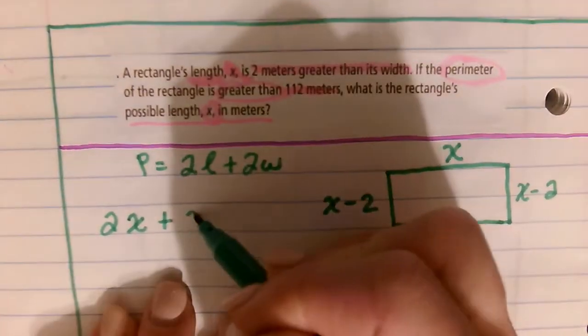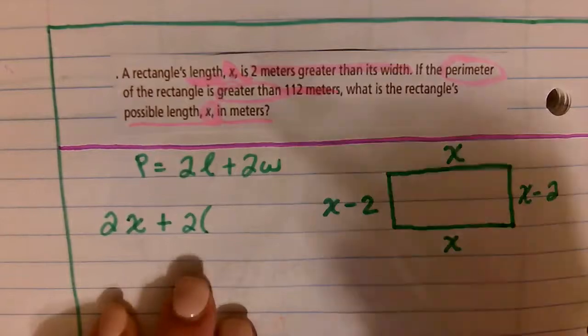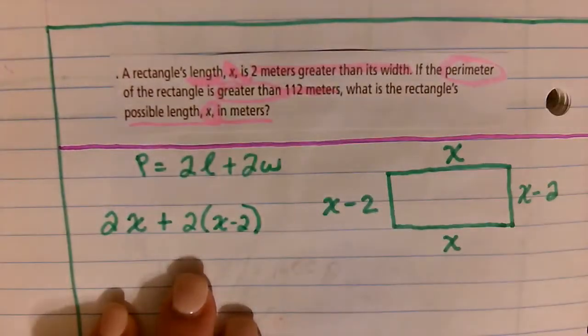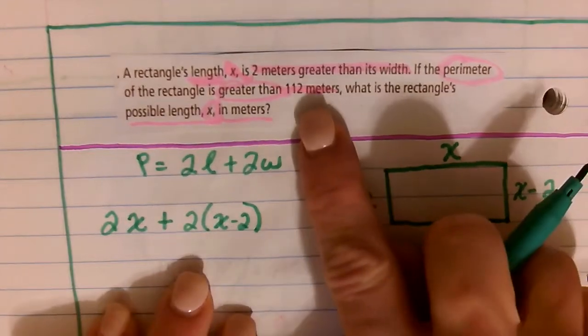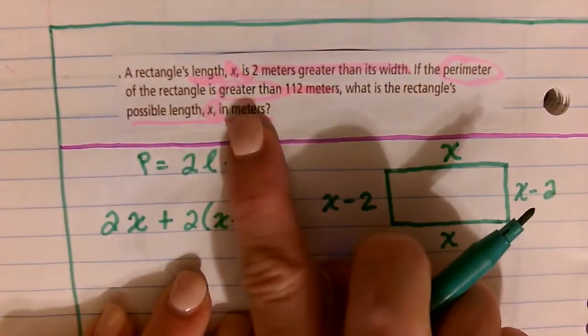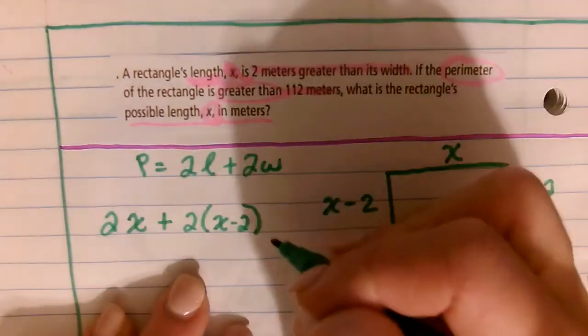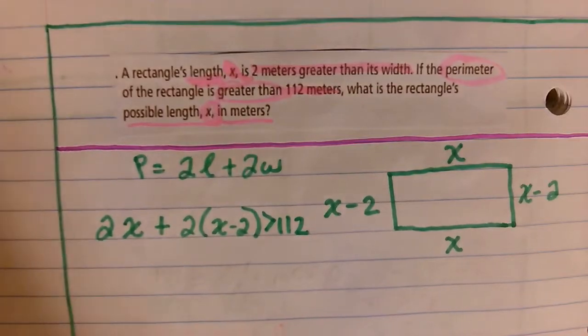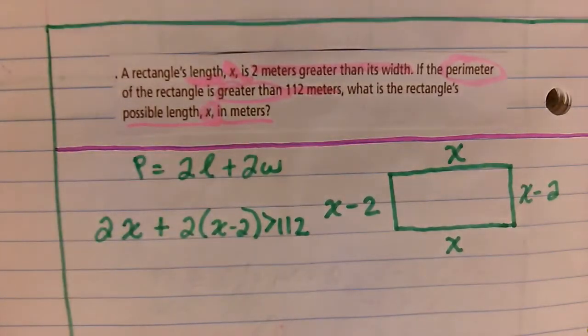So plus 2 times the quantity of x minus 2, because it has to be multiplied by all of that. And then it says the perimeter of the rectangle is greater than 112.